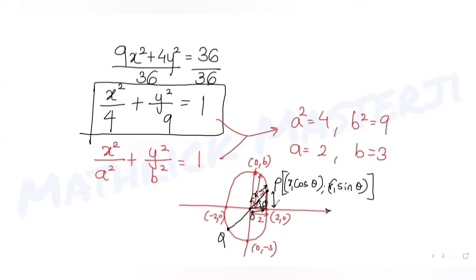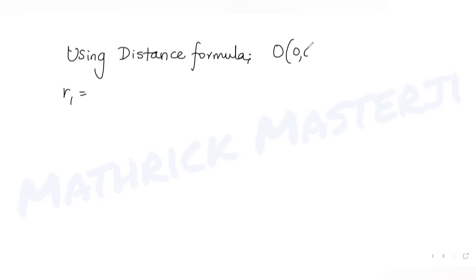Once I have both of them with me, further if I try to find out r1, it is nothing but the distance between point P and O. So I can use the distance formula. r1 is the distance between O, the origin, and point P, where the x coordinate is 2 root 3 over root 7 and the y coordinate is 6 over root 7.